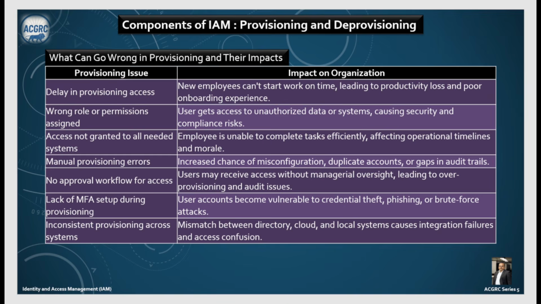When there is a lack of MFA setup during provisioning, the user account may become vulnerable to credential theft, phishing, or brute force attacks. If it's about inconsistent provisioning across systems, a mismatch between directory, cloud, and local systems can cause integration failure and access confusion.